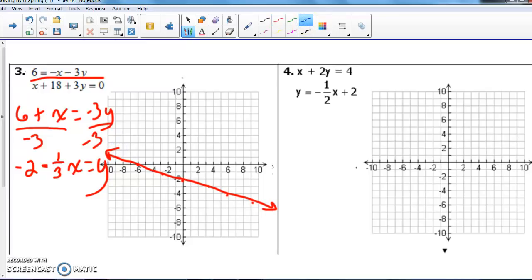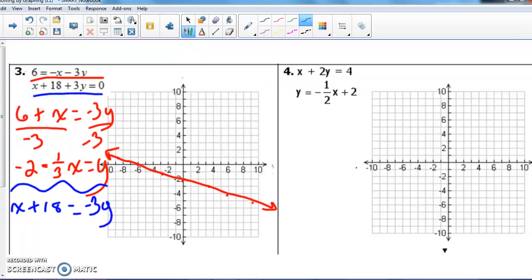Okay, if I look at that second equation, again, not very close to getting it in slope-intercept form. In this case, since I already have the x and the constant on the same side, I would probably subtract the 3y to start, just because it would be less work for me. So if I subtracted the 3y from both sides, I would then have x plus 18 equals negative 3y.